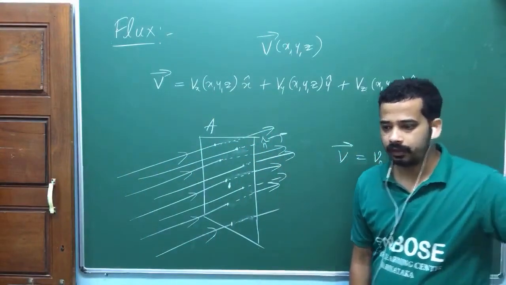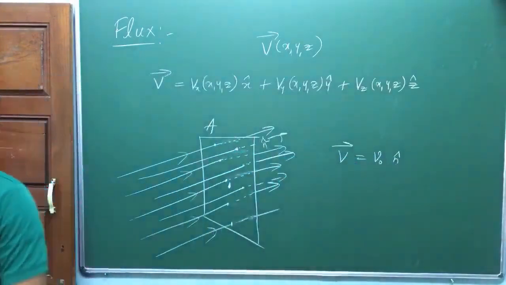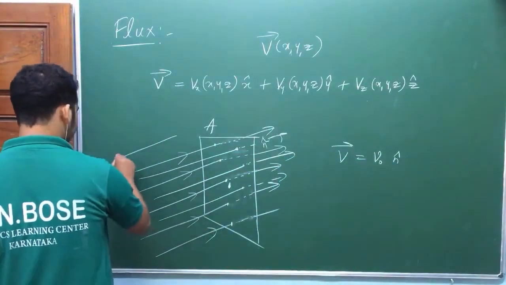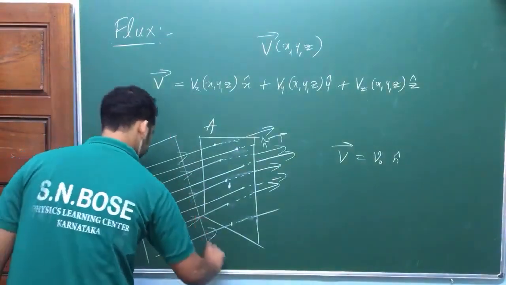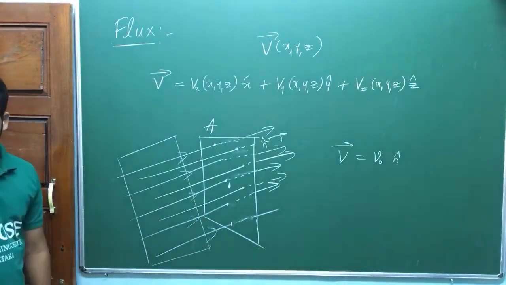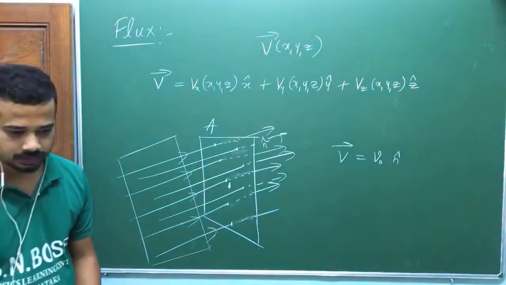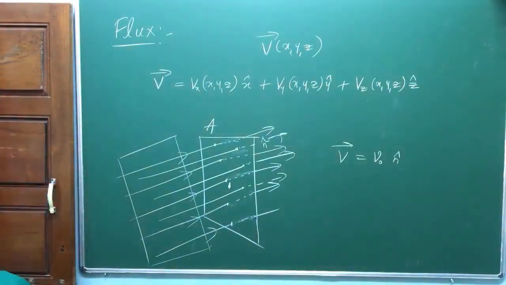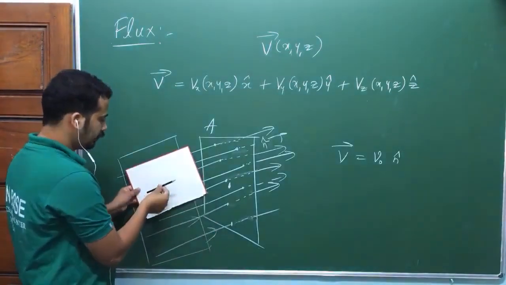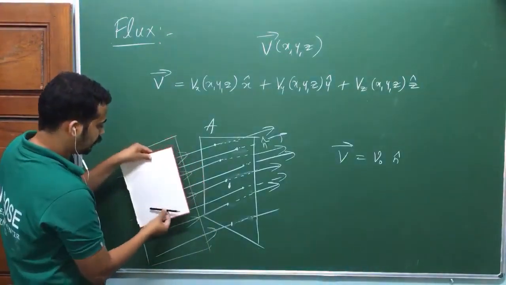Now let me take two situations. In one situation, I am going to place my area like this. Suppose these are the field lines. I am going to place my surface area like this.